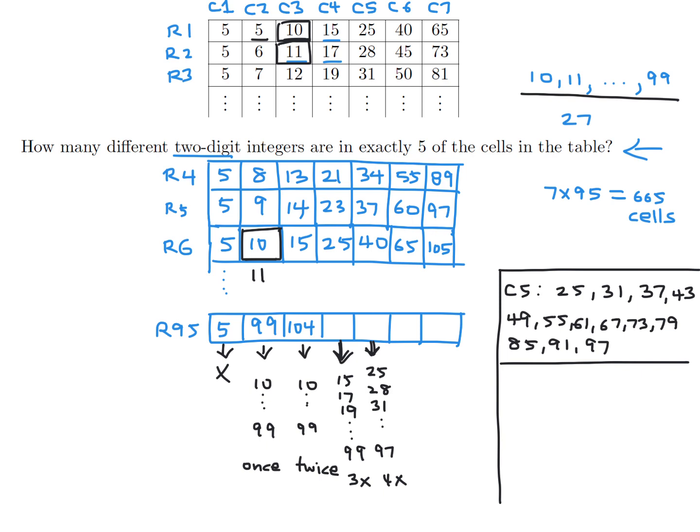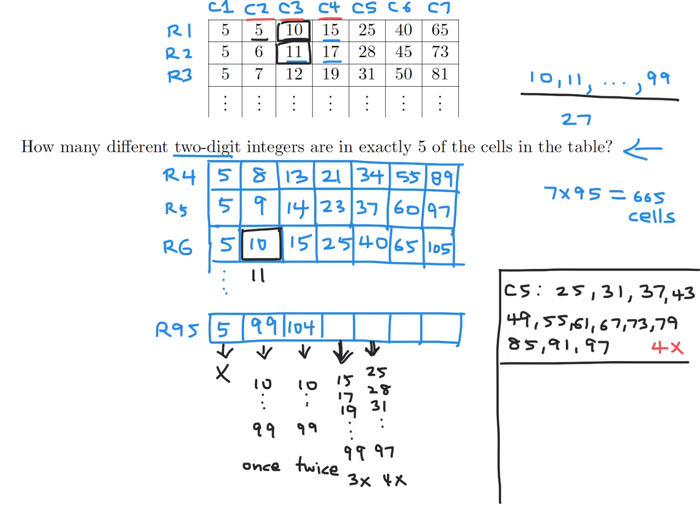Yeah, 4 times, because they would appear in C2, C3, C4, C5. Okay, so we're getting close to that magic number, I guess.